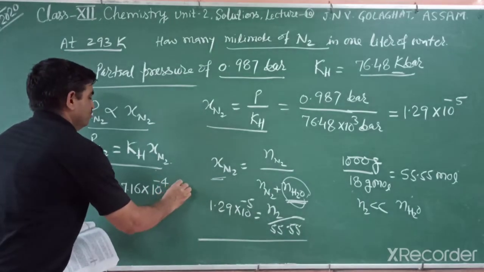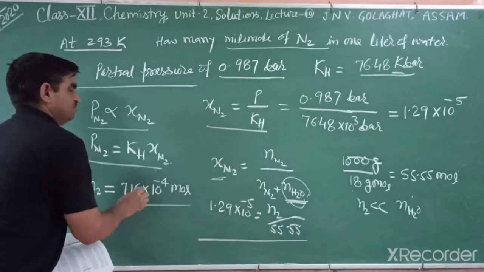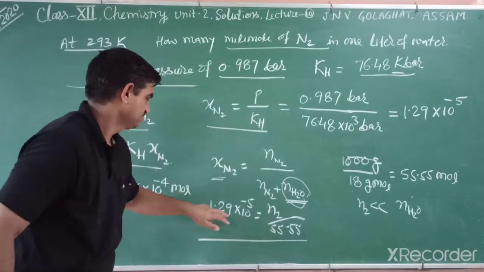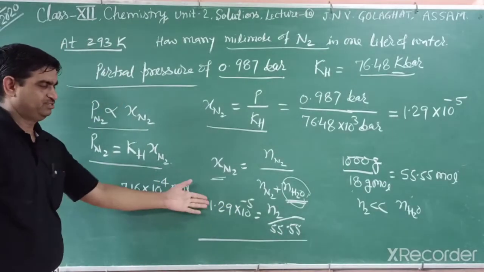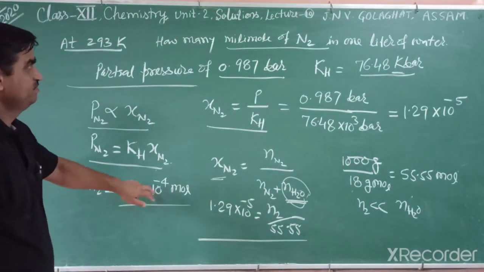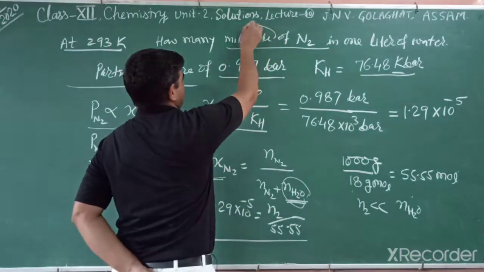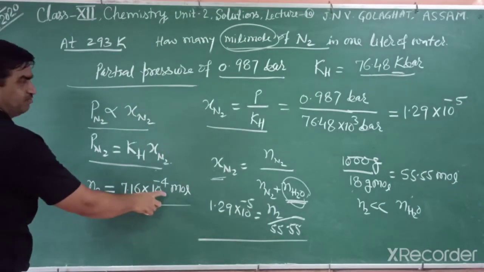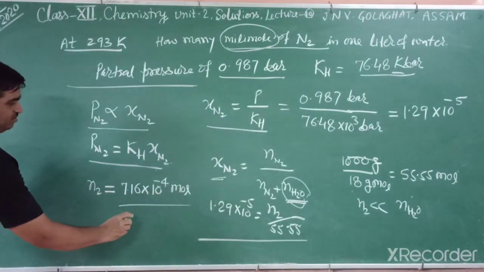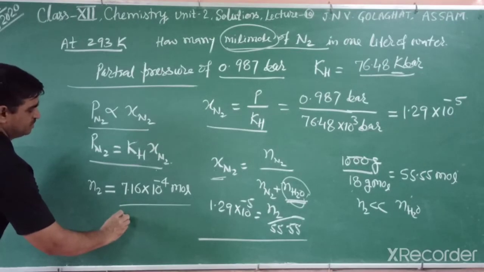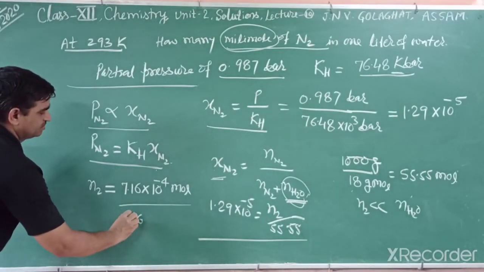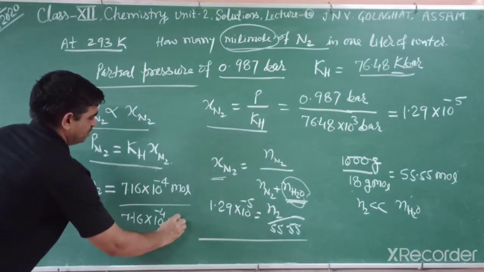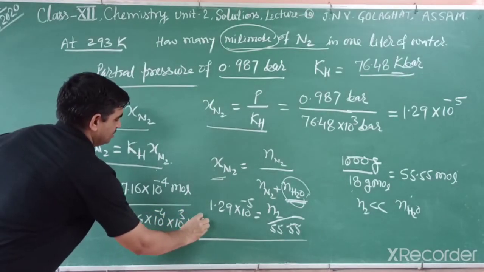But our answer must be written in millimole, so we convert. Milli means 10 to the power minus 3, so we write 7.16 into 10 to the power minus 4 into 10 to the power 3 millimole.